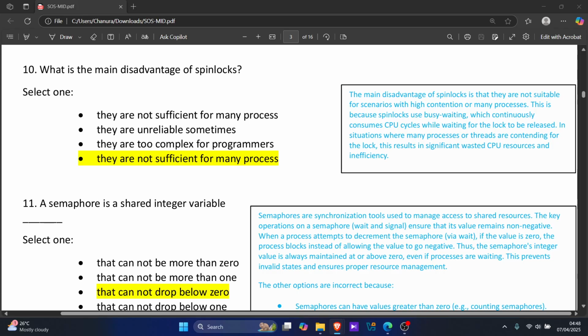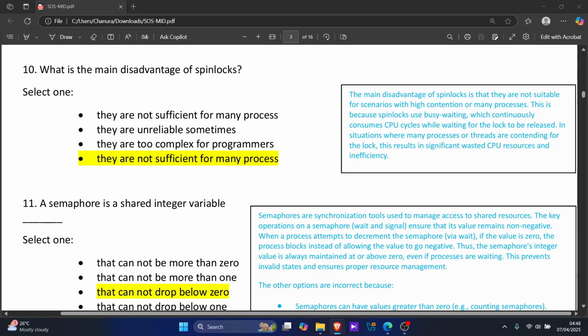Looking at the options, the first and fourth options are the same. They are not sufficient for many processes. The explanation supports this, as high contention is where spin locks fail. The other options, being unreliable or too complex, don't seem right.